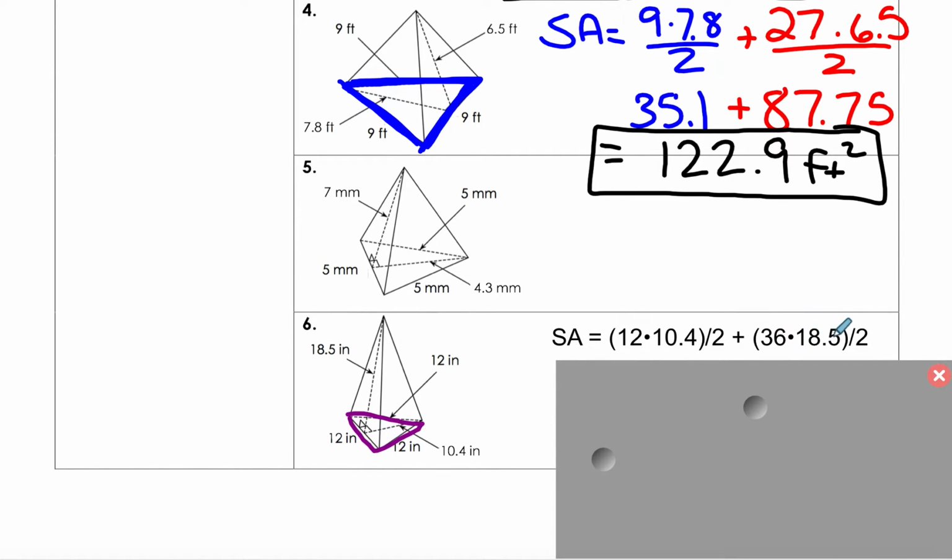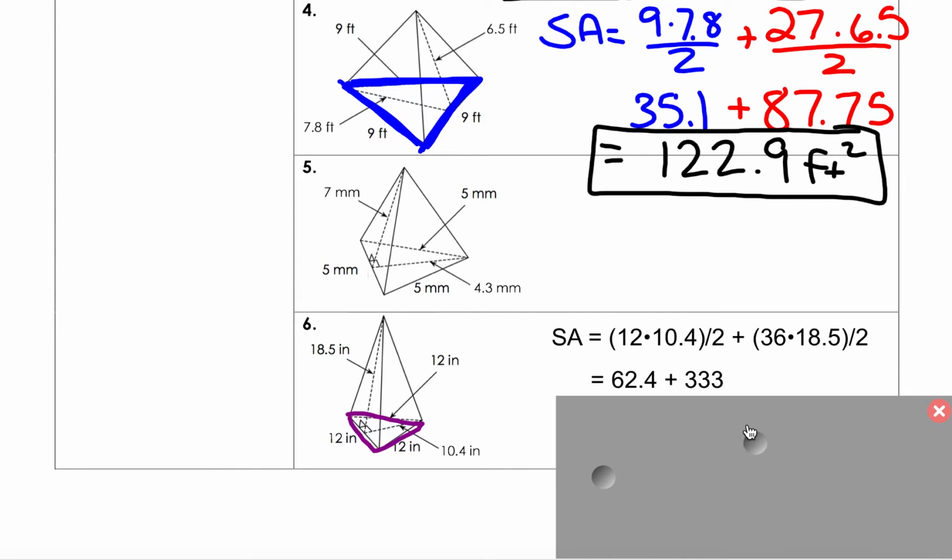And then to find my lateral area, I did 36 times 18.5 divided by 2. The reason is because my perimeter of the base is 36 and my slant height of the triangular pyramid is 18.5. I divide by 2 because all the sides are triangular.